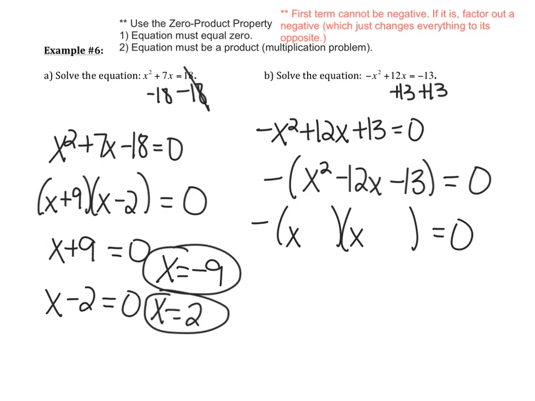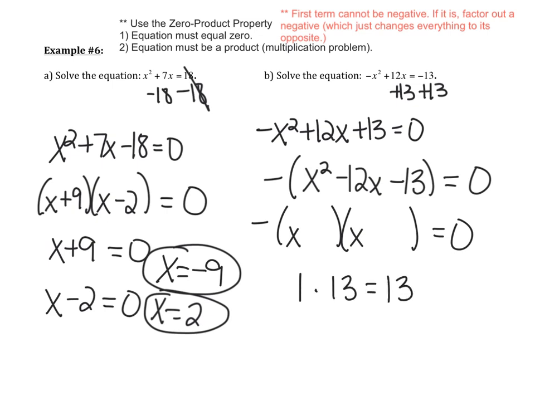And then I need to figure out what two numbers multiply to give me negative 13 that add up to give me negative 12. So remember, one of these is going to have to be positive and one of them needs to be negative, because when I take a positive times a negative, I got to get that negative 13. And then I need to figure out which number is going to be the negative so that when I add them together, I get that negative 12. So 13 is prime, so I'm only working with 1 and 13, because 1 times 13 is 13.